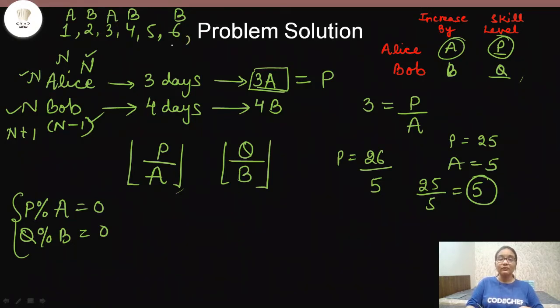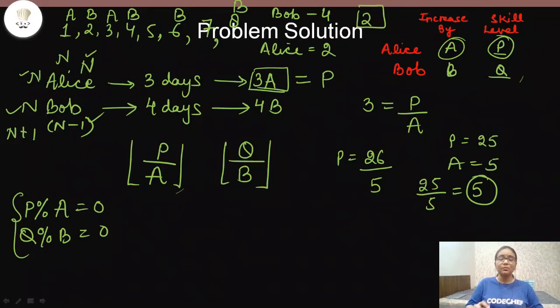But in what case will the solution not exist? Meaning they will not be able to achieve the skill set. Let me write down 7 and then 8. So if Bob works for 1 more day, now Bob is working for 4 days and Alice is working for 2 days. The difference in the number of days that they are working is 2.